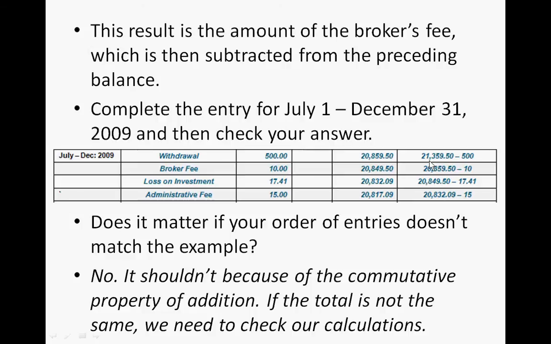But if you think about it, this is $21,359.50 plus a negative 500. So even though we're doing subtraction, we can do these in any order, because we can call this plus a negative 500, plus a negative 10, plus a negative $17.41, and plus a negative 15. So when you think of it that way, it doesn't matter which order we do this in.